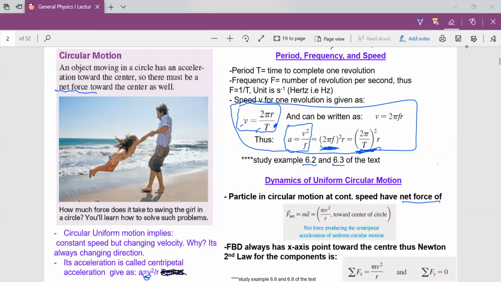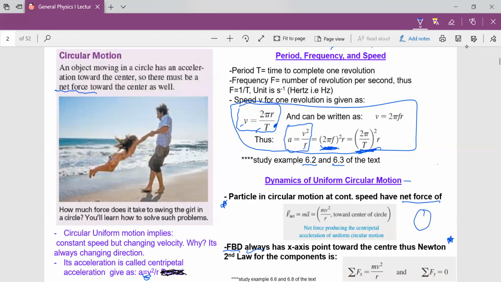Now, the free body diagram of the uniform motion. What we have just discussed on this point is something you already know, it's not new, but this is the new part of this discourse: the free body diagram always has its x-axis directed towards the center. For this to obey Newton's second law, it has to always be directed towards the center.